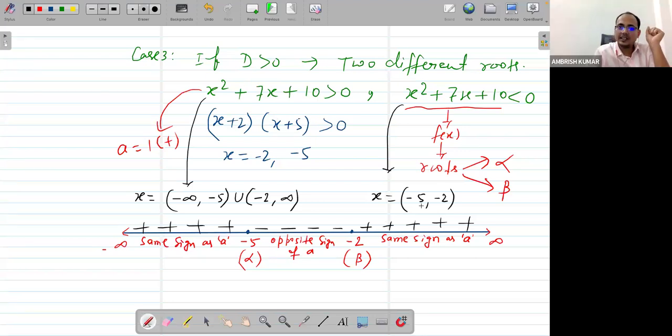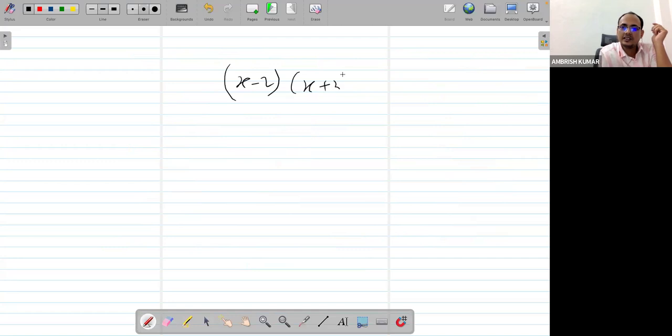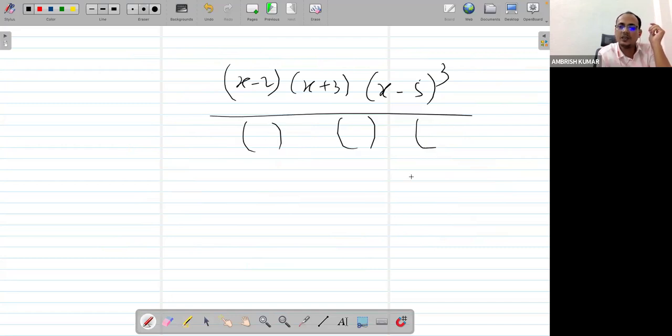We have one more thing. I will explain that in the next class. Now we will be having not only the quadratic, we will be having some expression in the numerator, like x minus 2, x plus 3, then x minus 5 power 3, and similar kind of factors in the denominator. You remember, rational numbers are some integer in the numerator, some integer in the denominator.